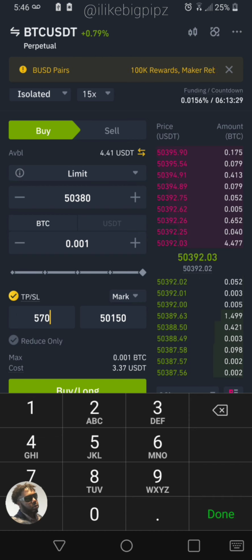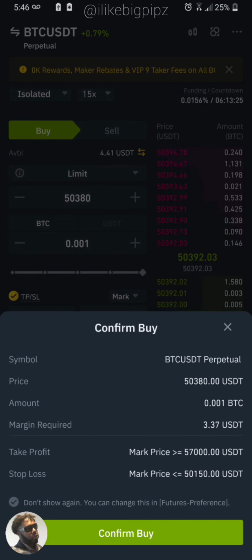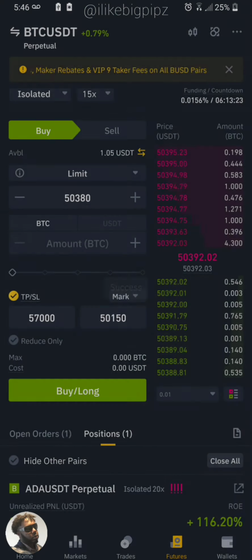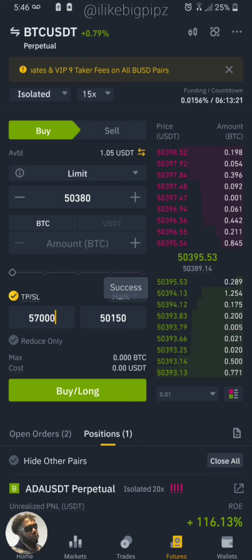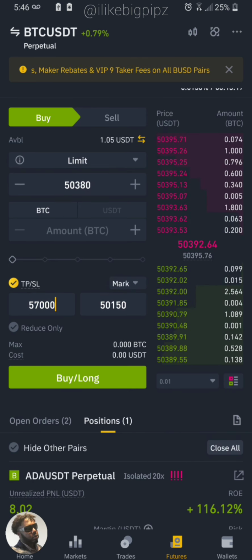Okay, all right, so now we're going to go with 380. I think we're going to be able to catch that on the downside. Okay, we just hit buy long and it says success. Now you're going to click the open orders button to the left of the positions button.